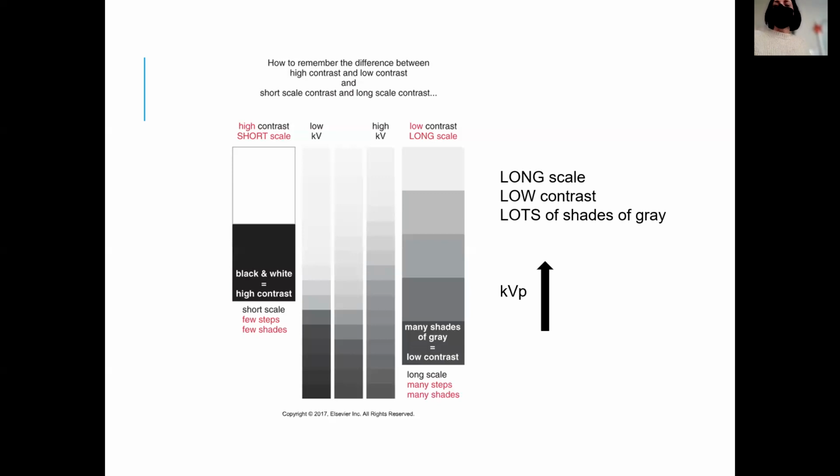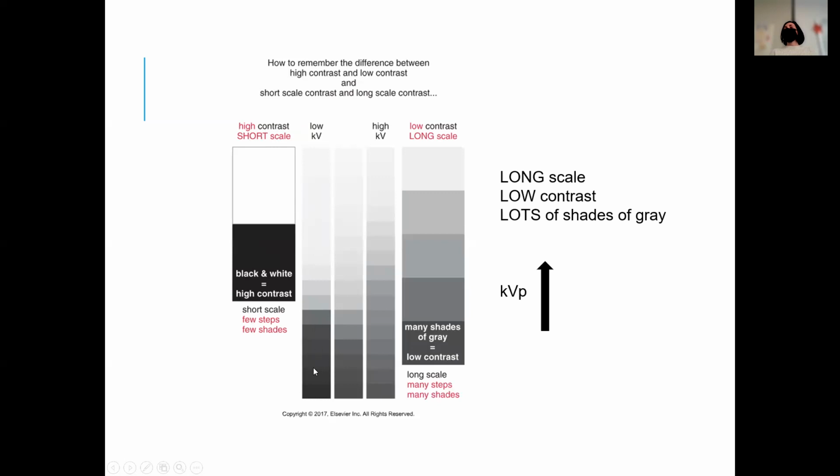So again, another visual here. Here we have your high contrast, black and white, short scale, not a lot of variation. So you can think of short scale, there's few steps, few shades. And that's going to result from your KVP being low.